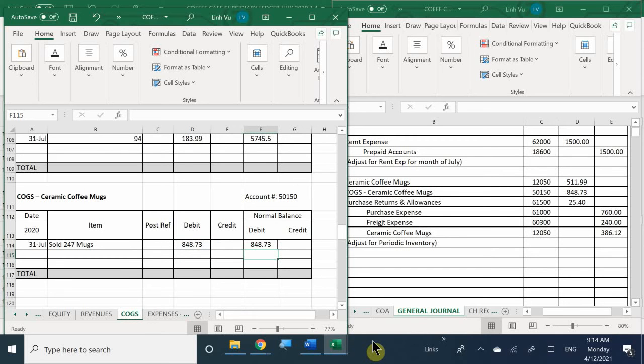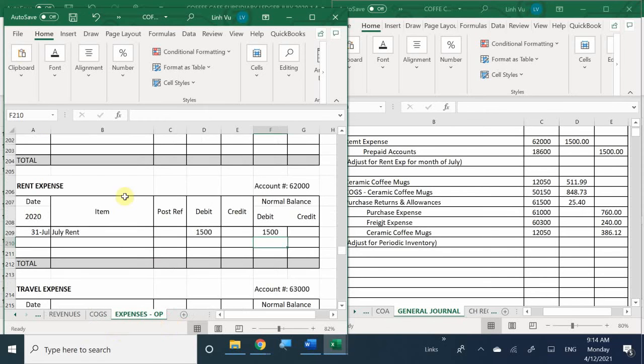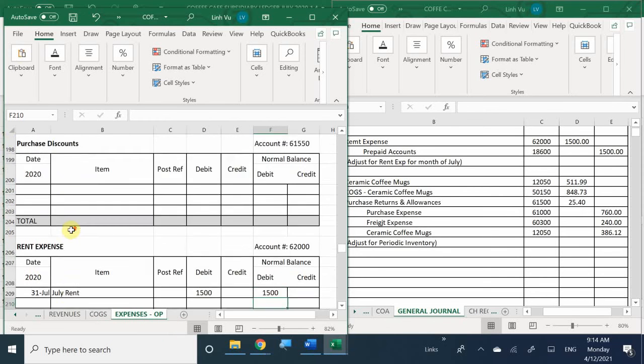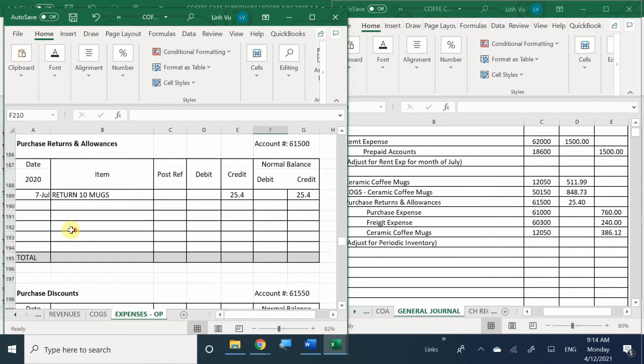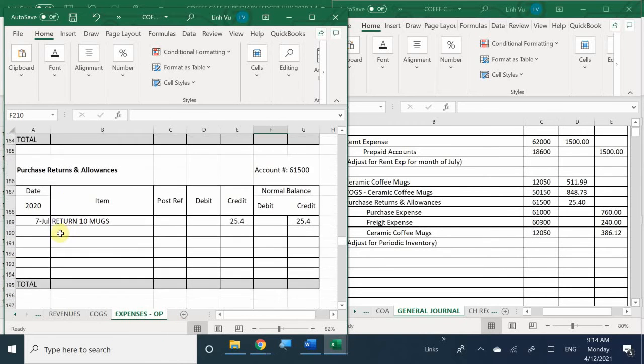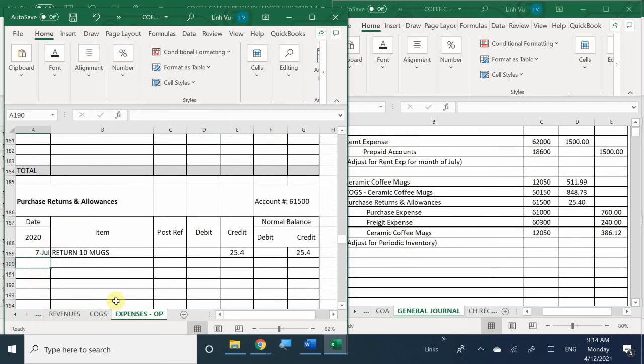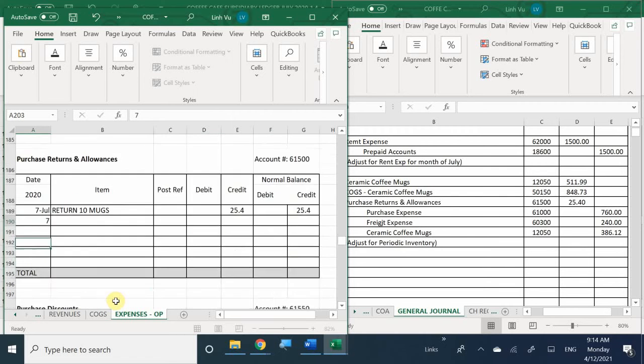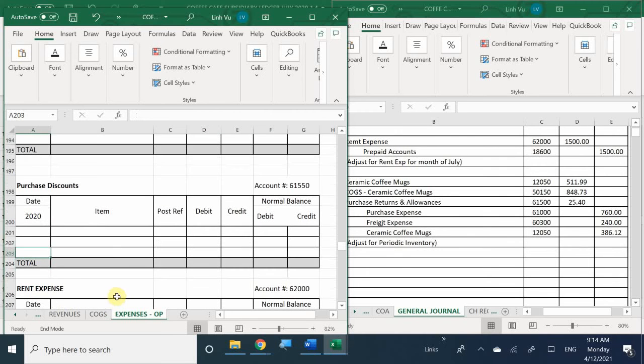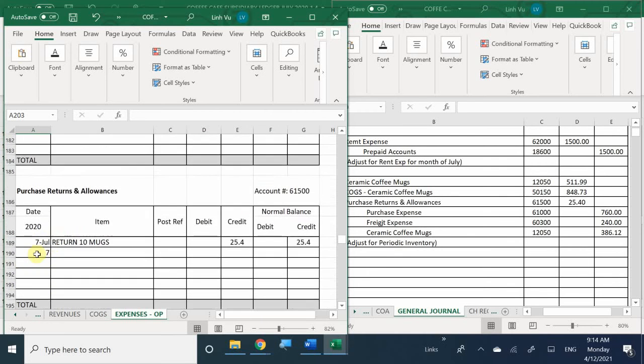We also got to zero out our purchase returns and allowances. So let's go to our expenses. I think if you go up a couple, here are my purchase returns and allowances. Keep hitting that button. Sorry, excuse me.